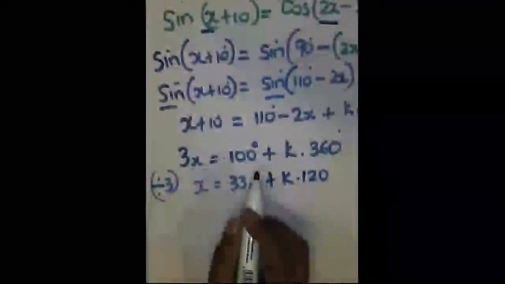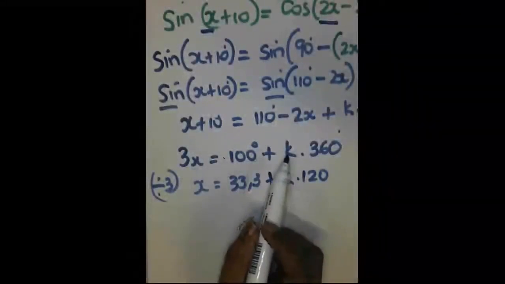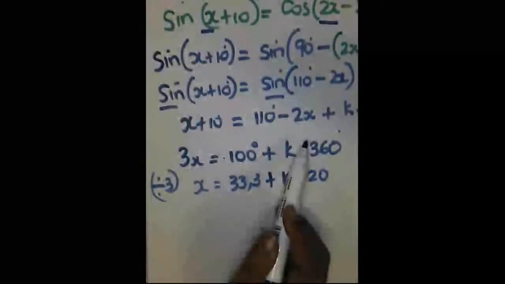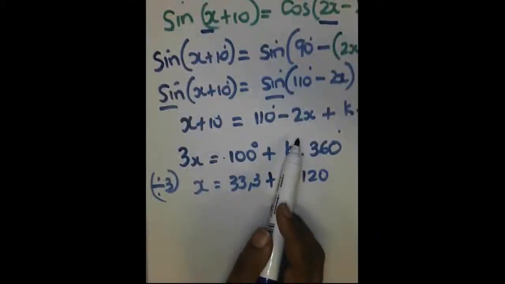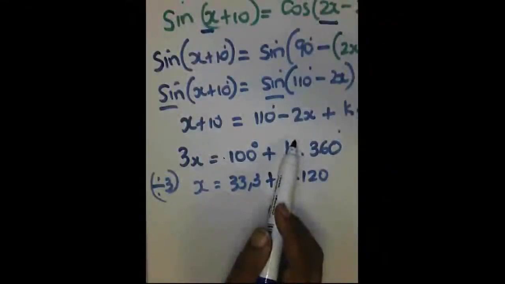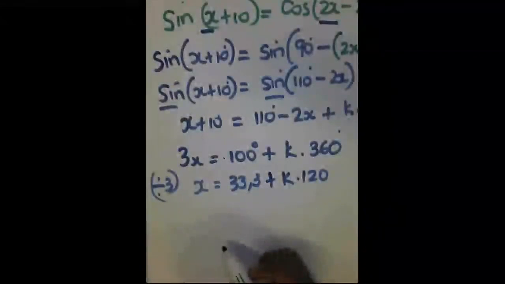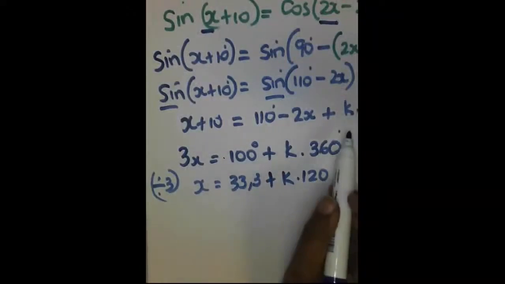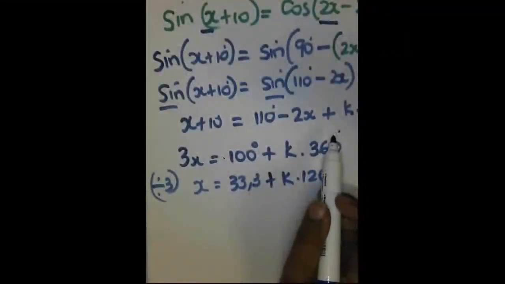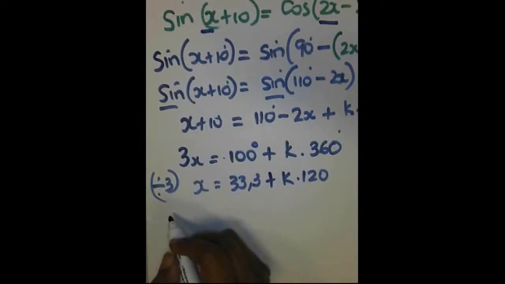Okay, the other one that I have is I can also have that I've done the one. Now I must do the other one. So in which quadrant is it also positive? I've got 2x minus 20 degrees. So I've got 3x is equal to 180 degrees, k times 360 degrees. Okay, now, if I want, they asked me for the general solution. Therefore, I've changed it from sine to cos. The sine is positive in the first and in the second quadrant. So therefore, I must also consider this as being 180 degrees minus.